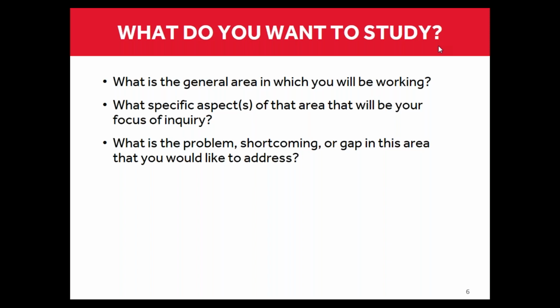So to give some examples of this, in my own discipline, for example, a broad area of study might be user-centered design. The specific aspect might be a health-related area, and the problem or shortcoming might be in instructional material for insulin injections.